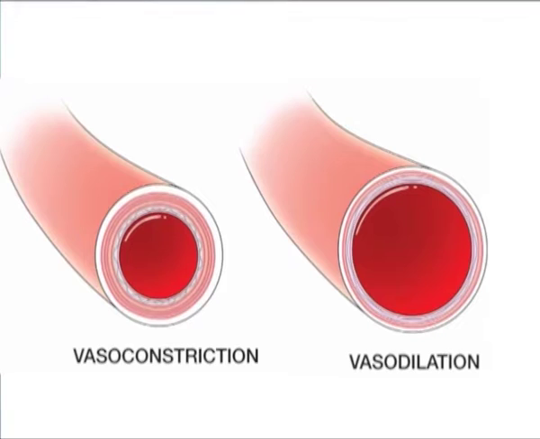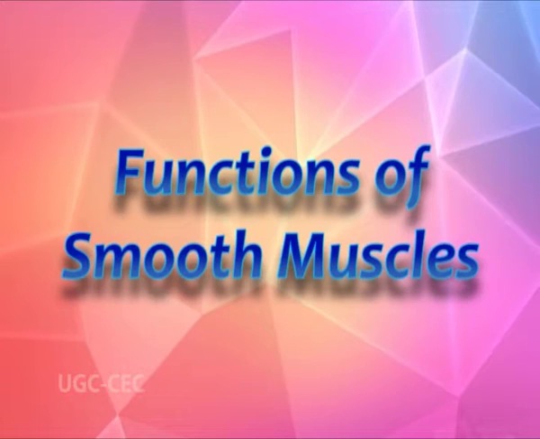A smooth muscle is excited by external stimuli which causes contraction. For example, blood vessels in skin, gastrointestinal system, kidney and brain respond to norepinephrine and epinephrine by producing vasoconstriction.